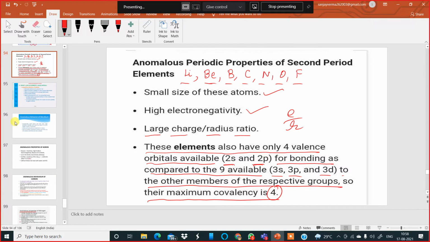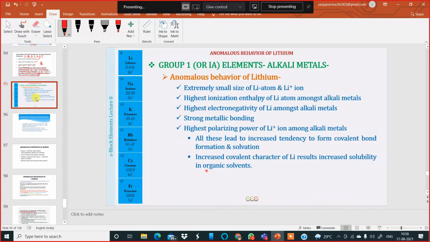Now coming to the next slide, the first element in group 1 is lithium, electronic configuration 1s2 2s1. Group 1A elements, alkali metals, anomalous behavior of lithium. Let us discuss this.